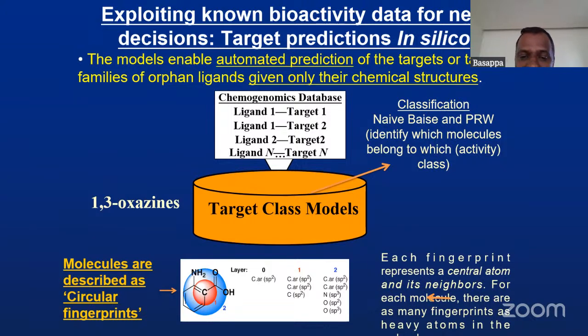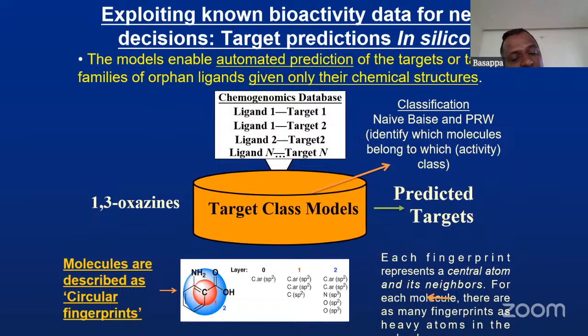So in Cambridge, I was able to demonstrate, by learning by myself, this artificial intelligence technology, or chemoinformatic platform, where there is an integration of a target classifier called Naive Bayes and Parzen-Rosenblatt.